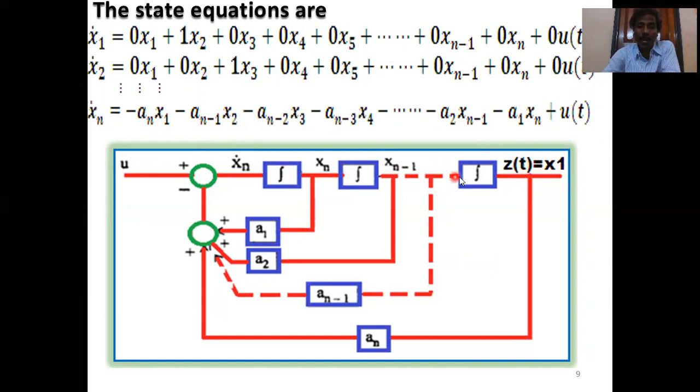So for the feedback path, what is the x1 coefficient? It is an, and this is negative, that's why this is plus and minus.